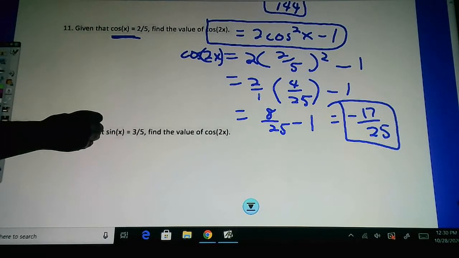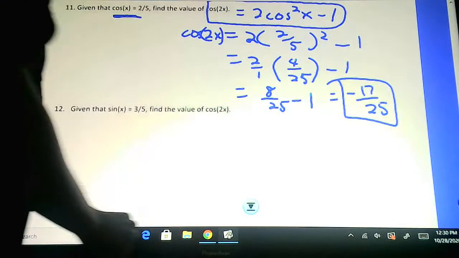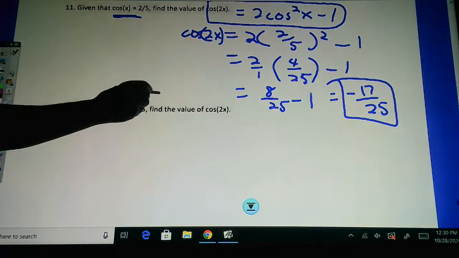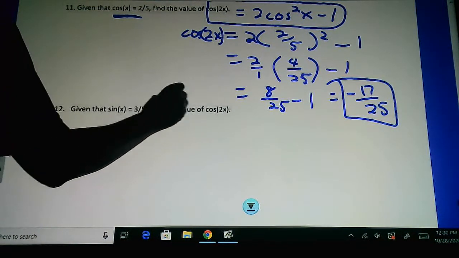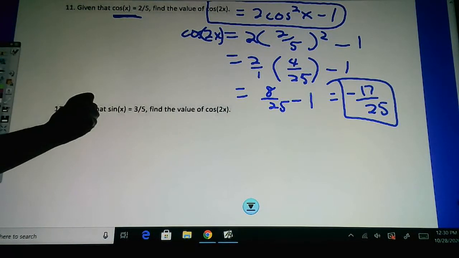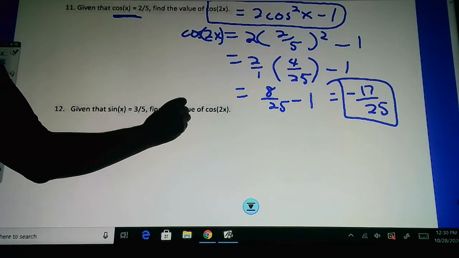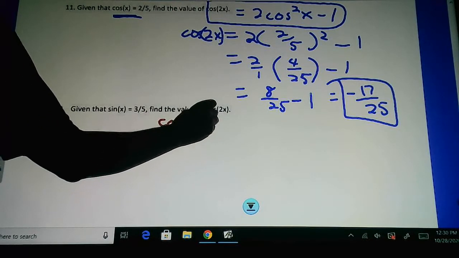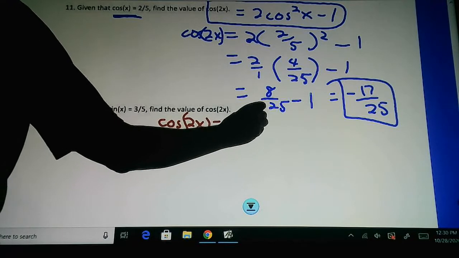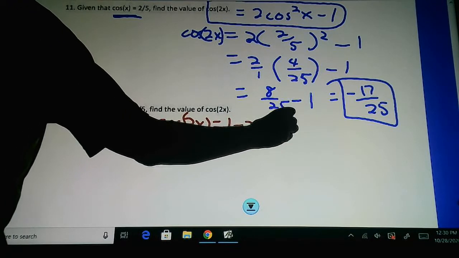Same thing on number 12 here. If you want to find cosine of 2x, there's an easy rule to use. One of the rules says cosine 2x equals 1 minus 2 sine squared x.